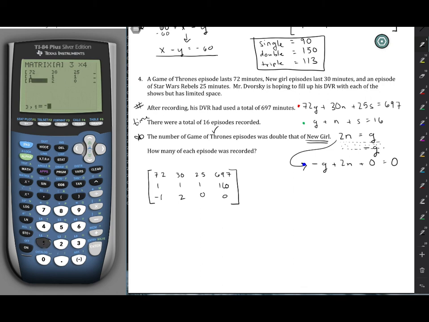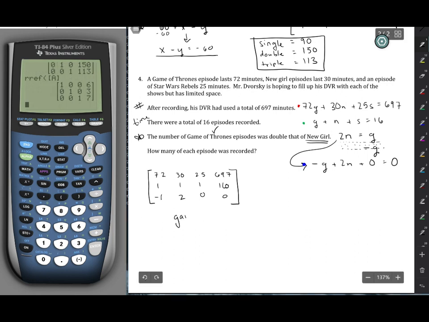And negative 1. RREF. And bada bing. Game of Thrones, which is X, is 6 episodes.